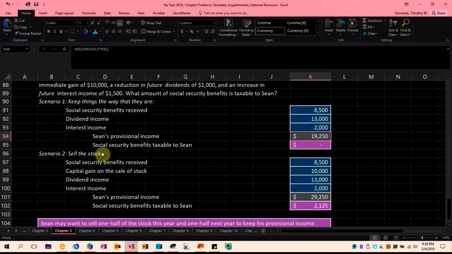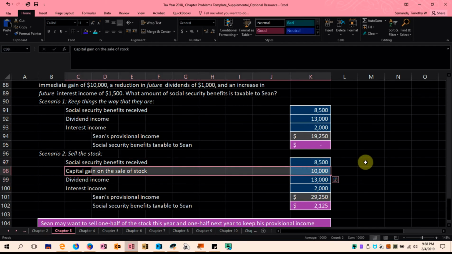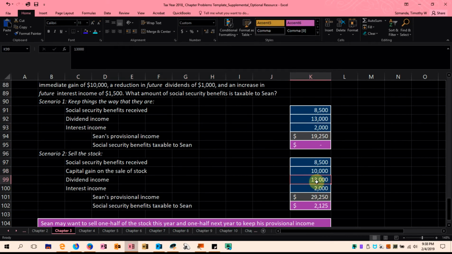Now let's assume he sells the stock under the second scenario, which I've set up. Again, $8,500 in Social Security benefits. Here, though, we have a capital gain on the sale of the stock of $10,000, plus the $13,000 dividend income and interest income of $2,000.